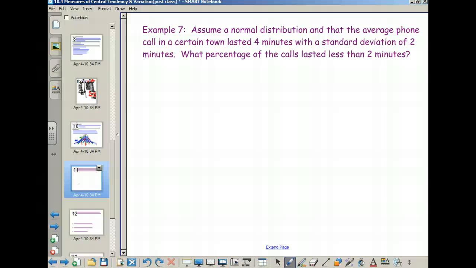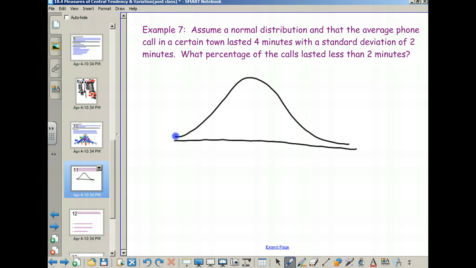Picture's great. So we're going to do a normal curve. They don't have to look great. They just have to look like a curve. We're going to mark the mean. It's right here in the middle, and it has a value in this problem of 4. The next thing we're going to mark is one standard deviation in each direction. But 1 standard deviation in this problem has a value of 2.